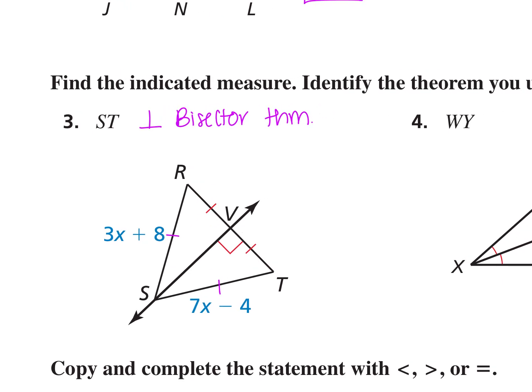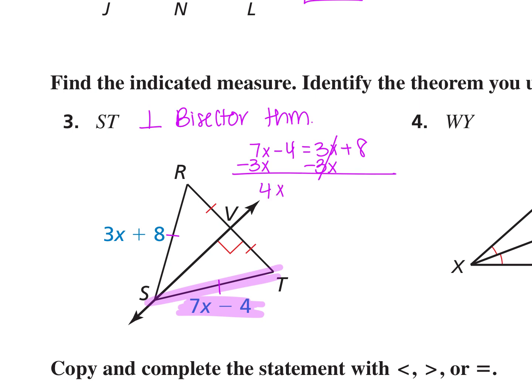They're not asking for X. They're asking for ST, which is right here. So I need to plug it into my equation. Solving for X first: 7X minus 4 equals 3X. Subtract 3X from both sides. You're going to get 4x minus 4 equals 8.